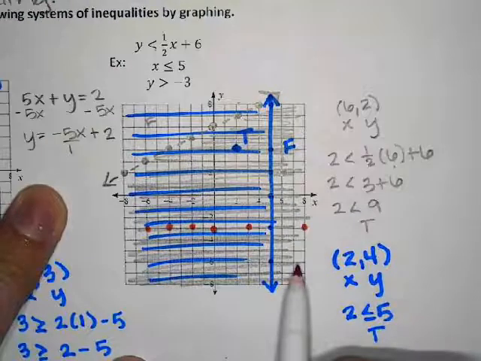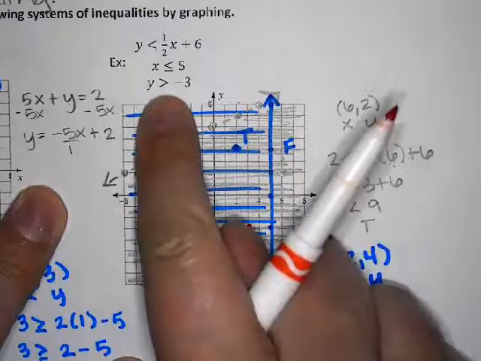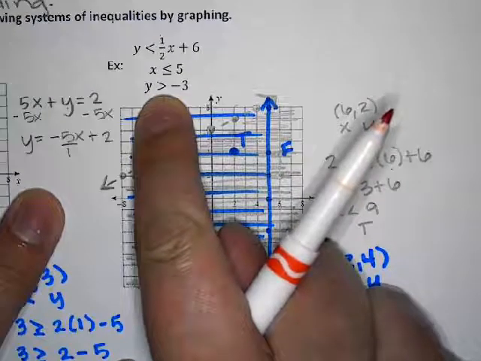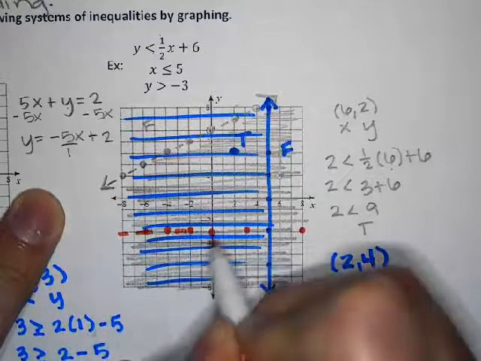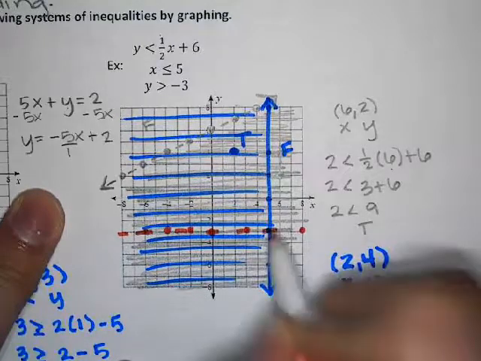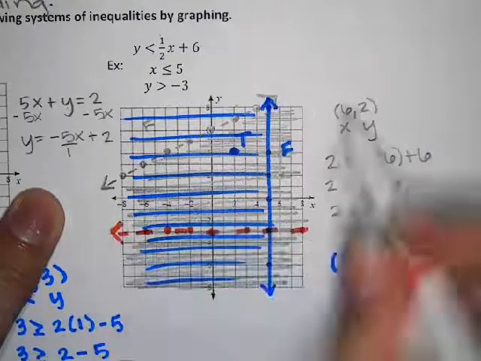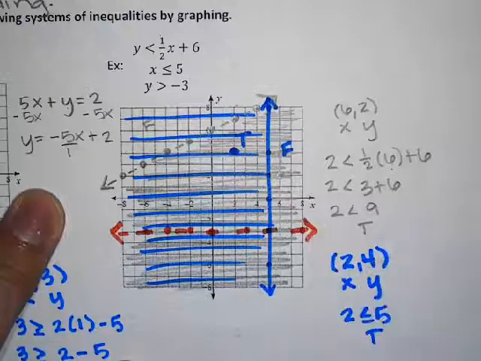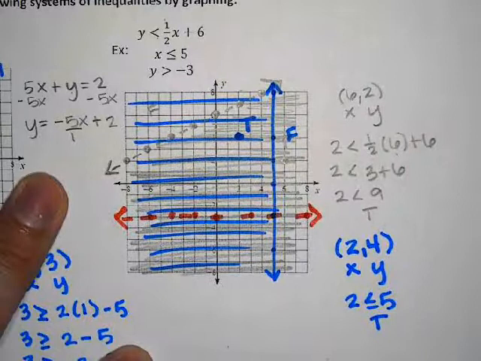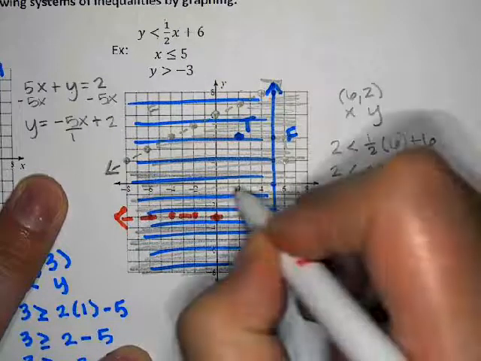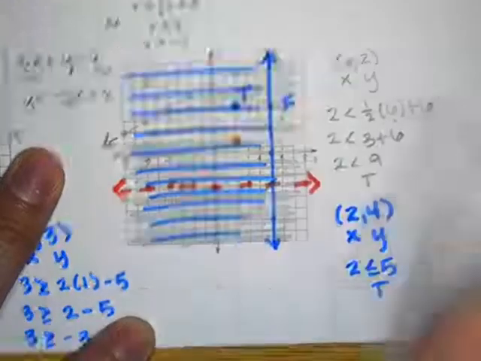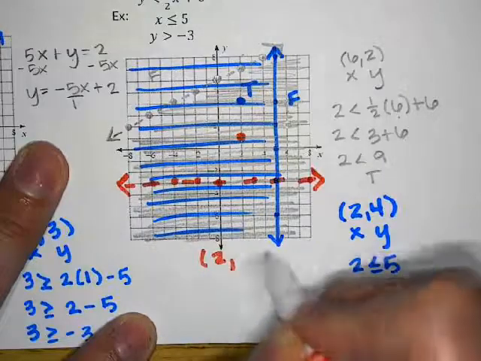Now I'm looking at the symbol. Greater than means dotted line. So I'm going to make this dotted. And I'll choose a point to plug in. For this one, I'm going to use the point (2, 1). 2 for x, 1 for y.